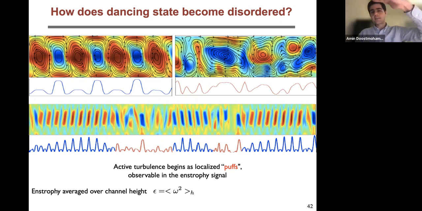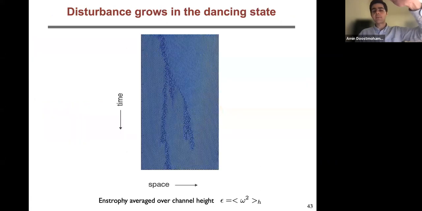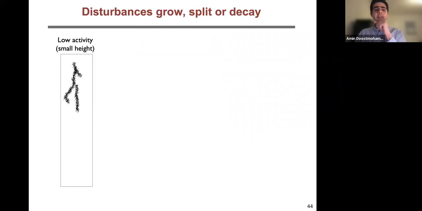Now, this is one snapshot. I can look at it over time, so I can have a kymograph. And then you can see I have a background of vortex lattice, and these perturbations, this disorder, are growing in time. We call this a puff, in analogy with turbulence. An interesting thing is that at low activity or at very high confinement, these puffs, these perturbations, die out.